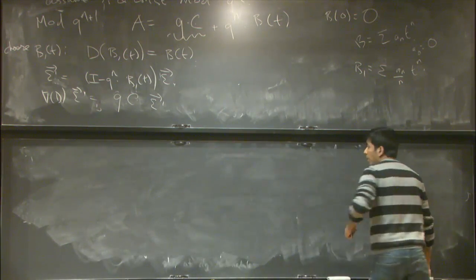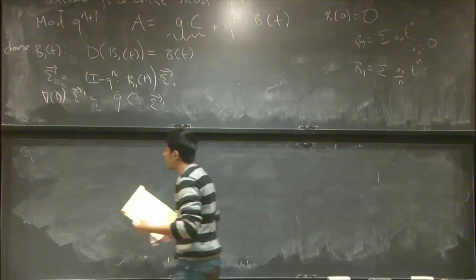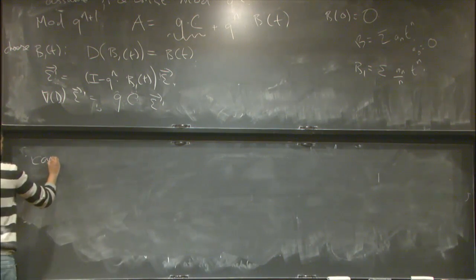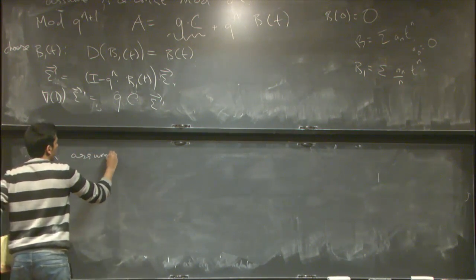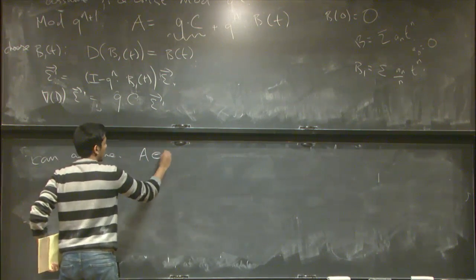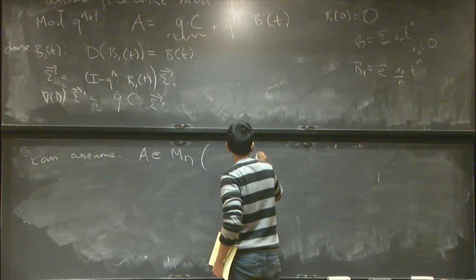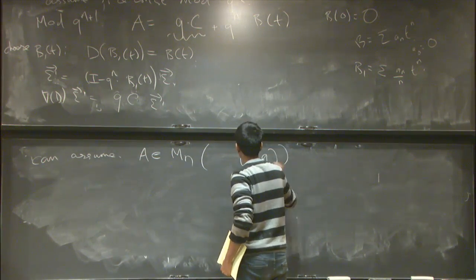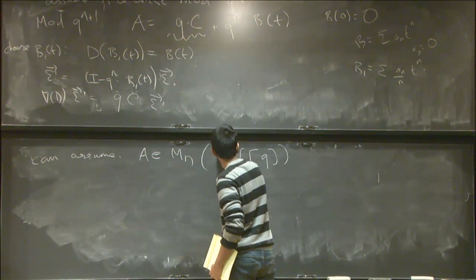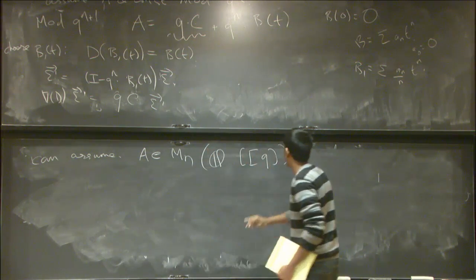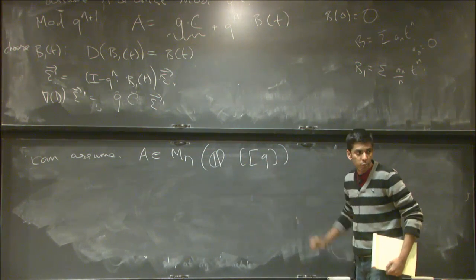OK. So now we have that A is going to be an element in Mn of Q power series in little q.